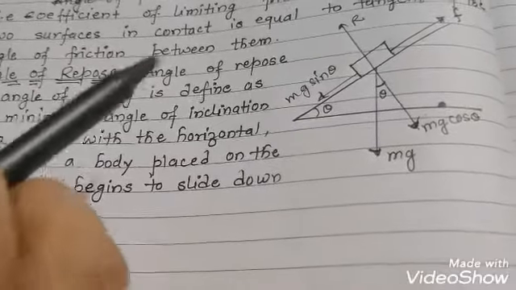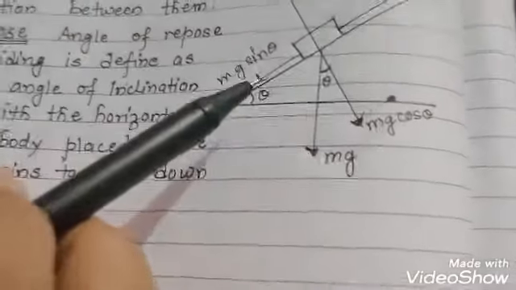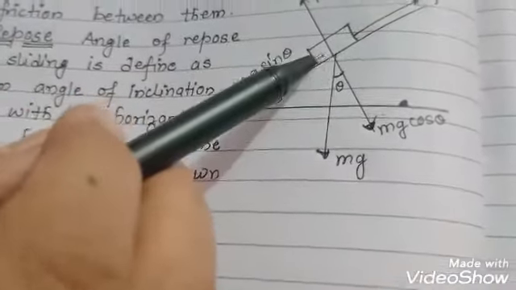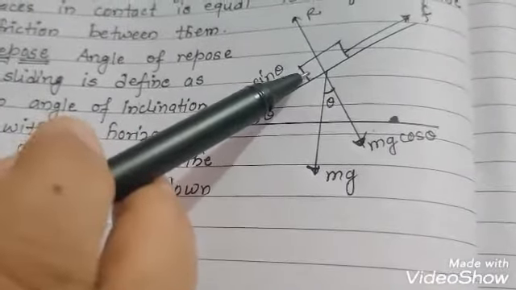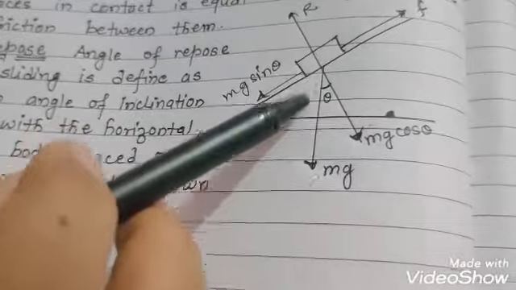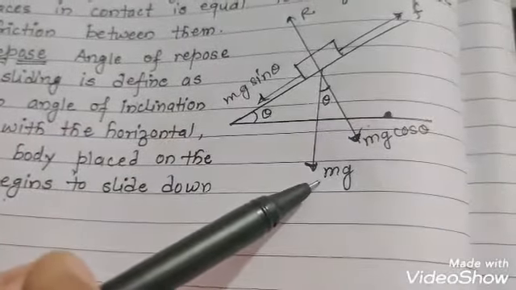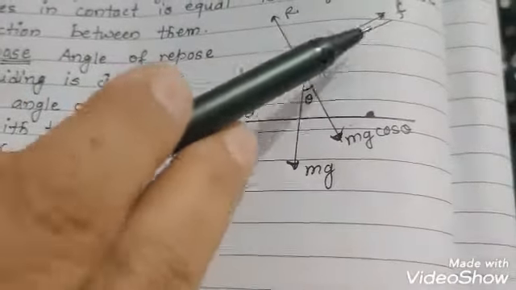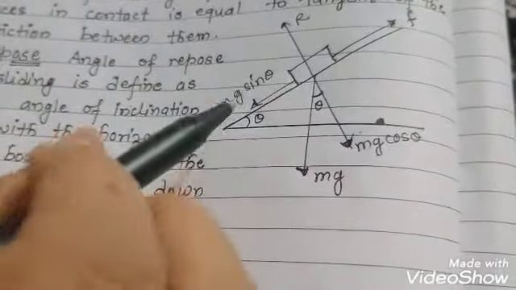Now look at the figure. This is a block. The weight of the block, mg, is working perpendicular downward, and this is an inclined plane.